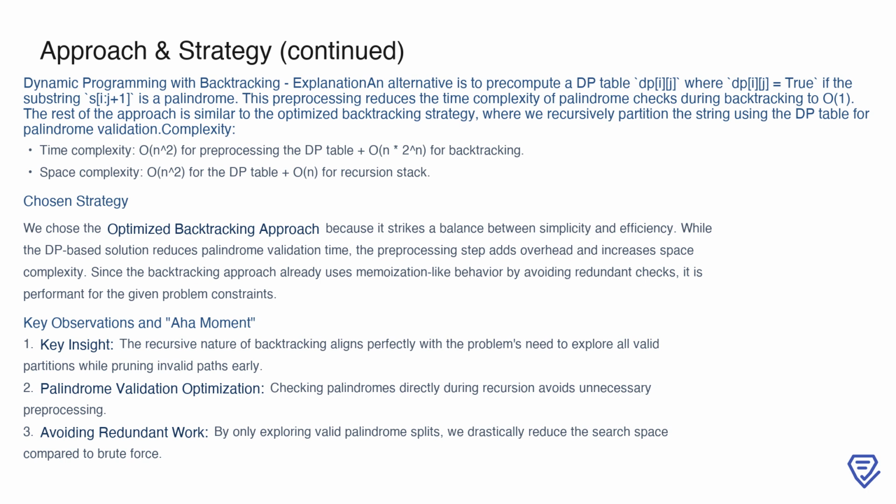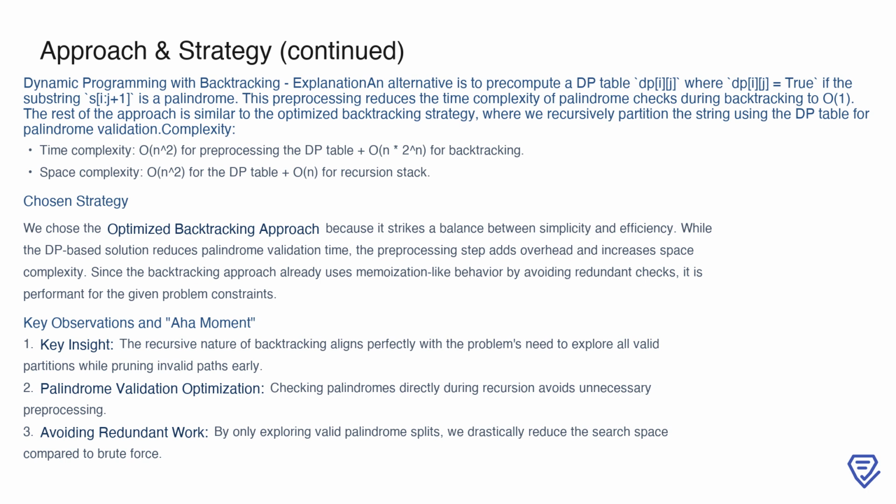The rest of the approach mirrors the optimized backtracking strategy, where we recursively partition the string using the pre-computed DP table for palindrome validation. The pre-processing step takes O(n^2) time, and the backtracking process still requires O(n * 2^n), making the overall time complexity O(n^2 + n * 2^n). However, the space complexity increases to O(n^2) due to the DP table, in addition to O(n) for the recursion stack.